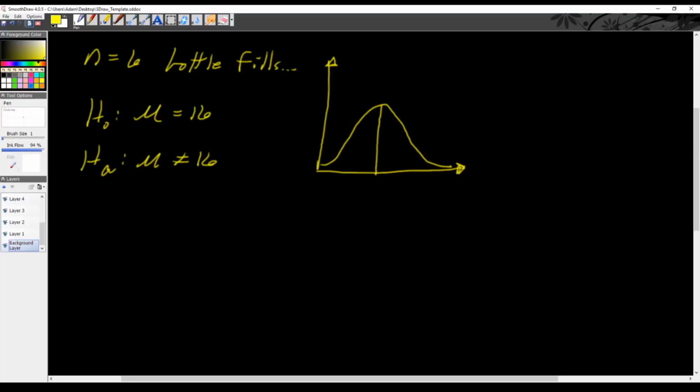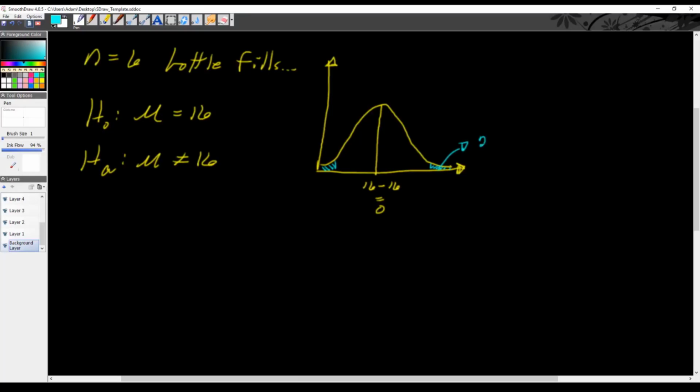So if we temporarily assume that the true mean is 16, then 16 minus this temporarily assumed true value divided by the standard error, s divided by root n, if we assume that the temporarily assumed value is equal to the hypothesized value, we get a 0 for the mean, and we can compare the critical t-value to the calculated t-value, or the normalized value for bottle fills. That's what the calculated t-value is.